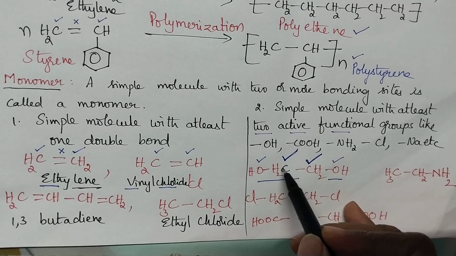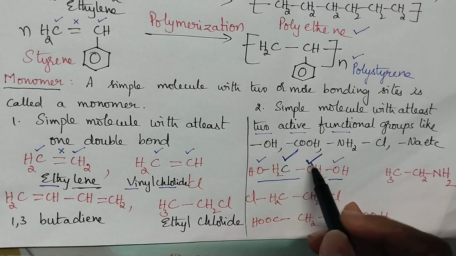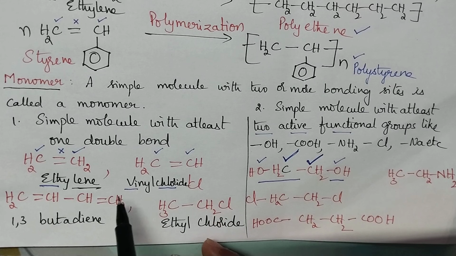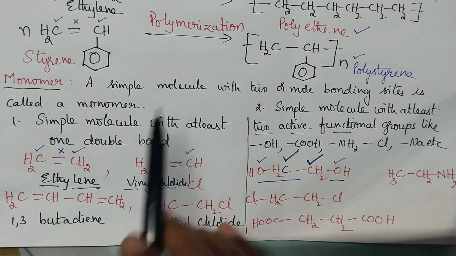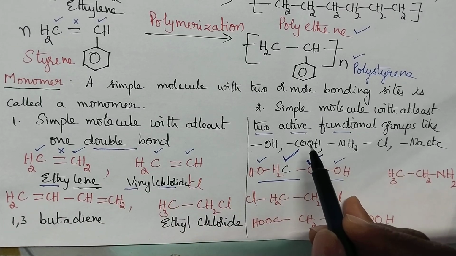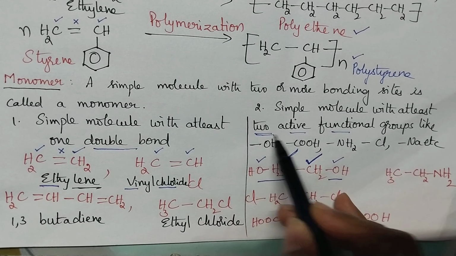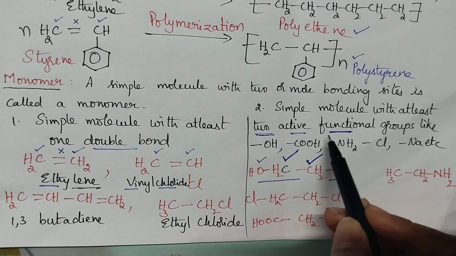So, it is bifunctional. Hence, it can be considered as a monomer. So, simply how to identify a monomer? A simple molecule is supposed to contain at least one double bond, or it may contain at least two active functional groups, then they can act as monomers.